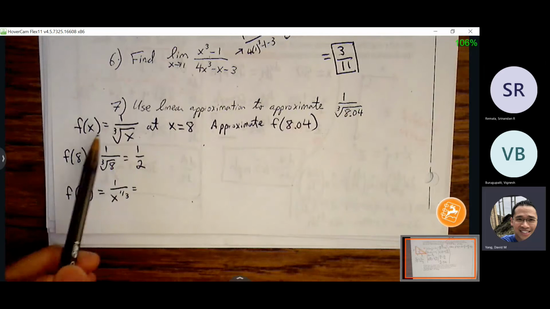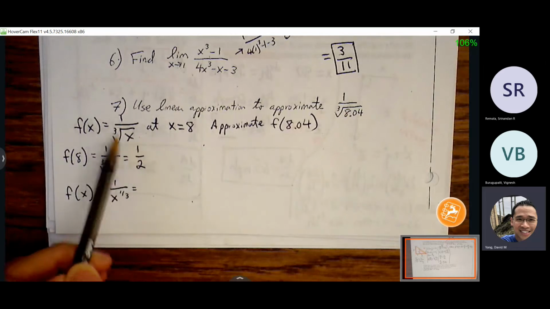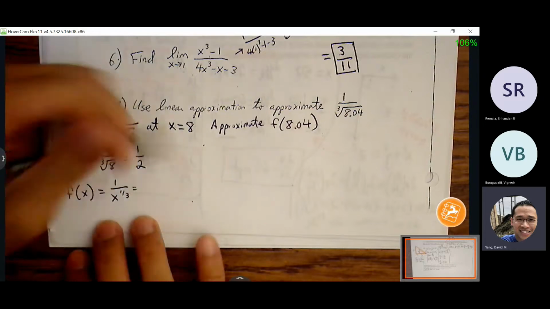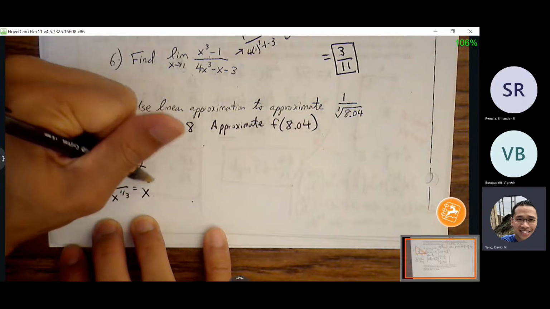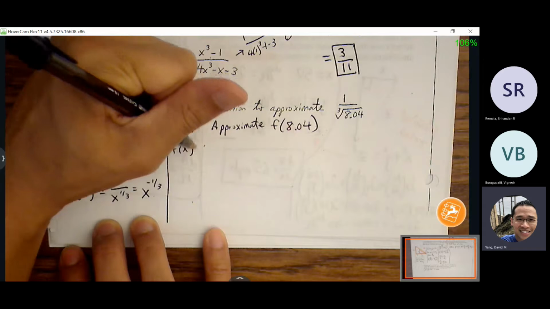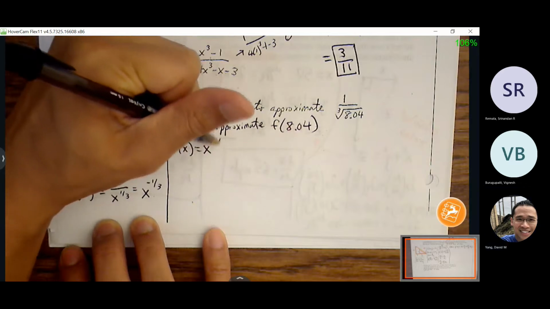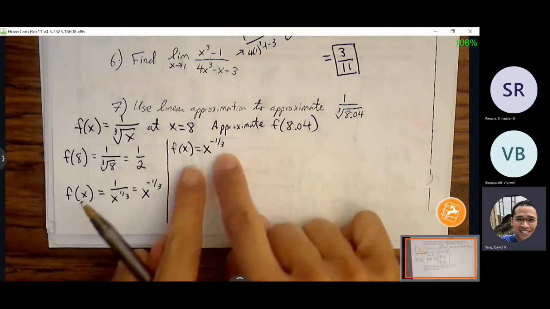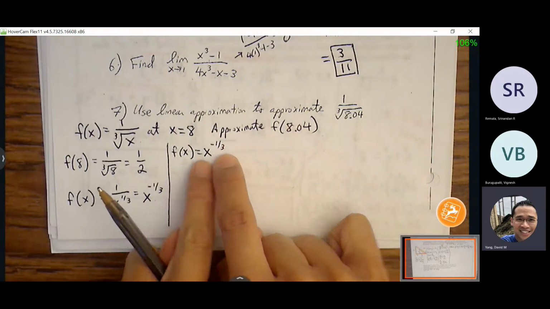So 2 things I have to do. I have to get the radical to become a rational exponent. I have to push that denominator to the numerator to get it ready for power rule. Okay. We find our derivative once we get it cleaned up for power rule.